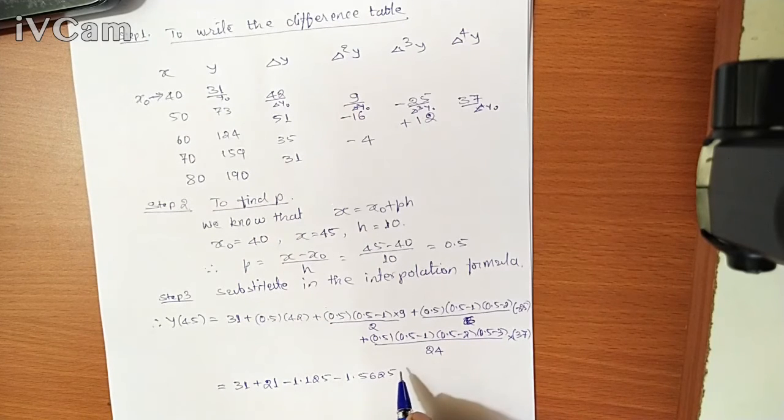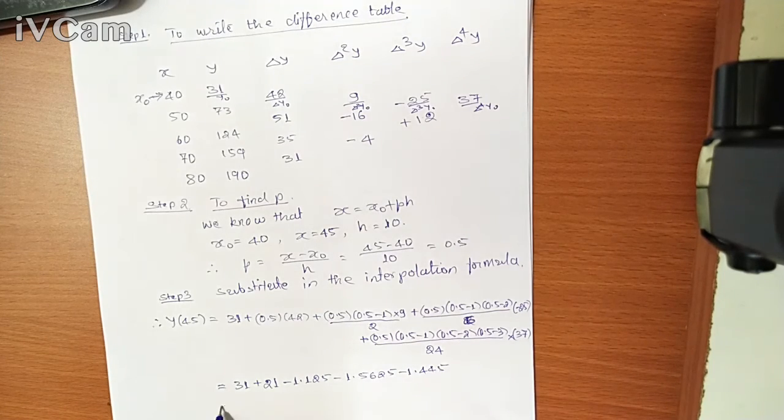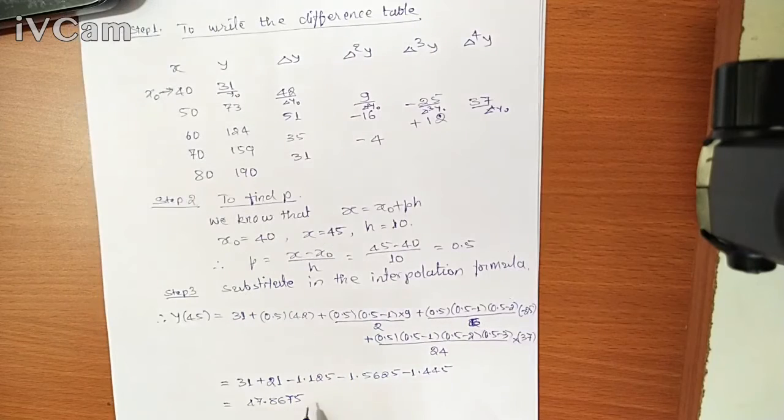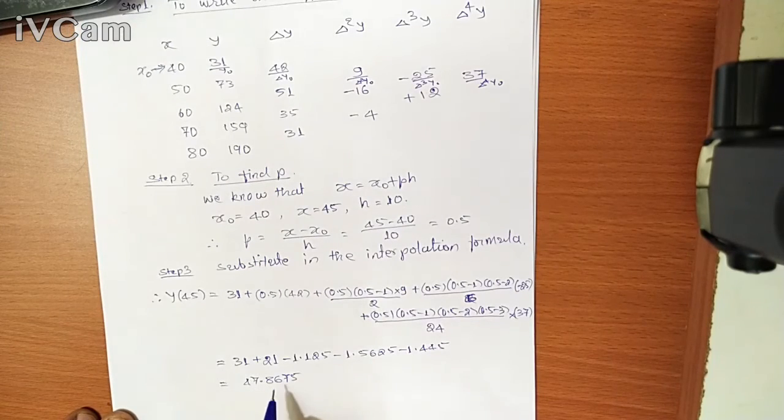Then minus 1.445. If I simplify this, what I get is 47.8675. But since I am dealing with the number of students, I cannot have a fractional number of students. So I round it off. This is nearly equal to 48.